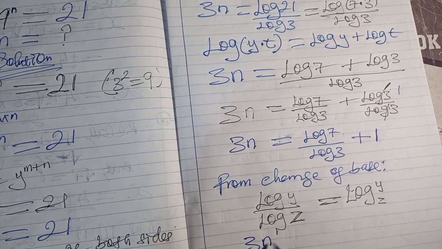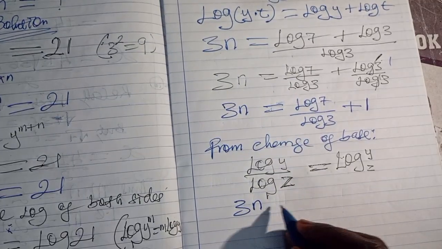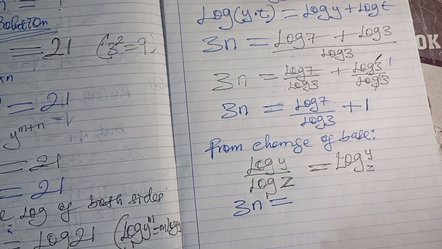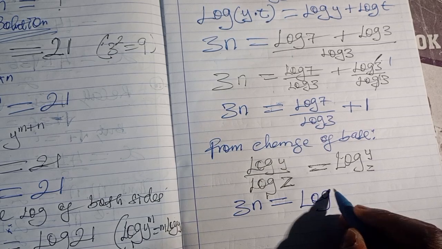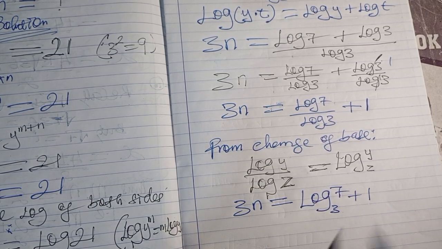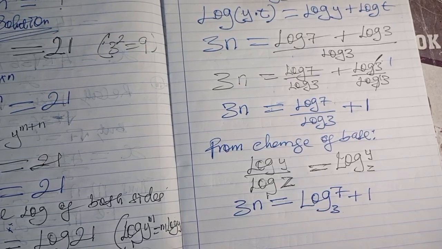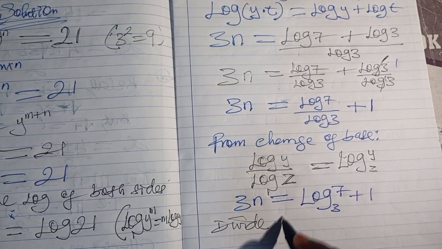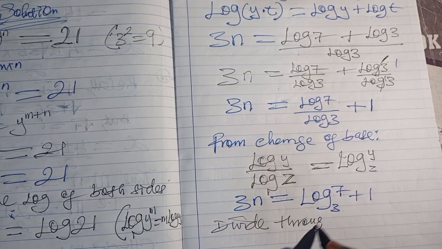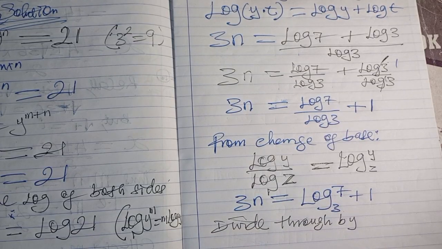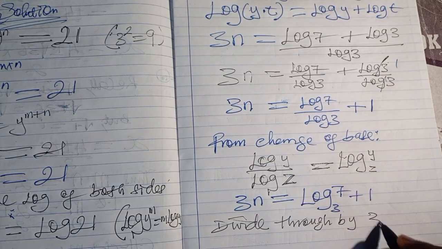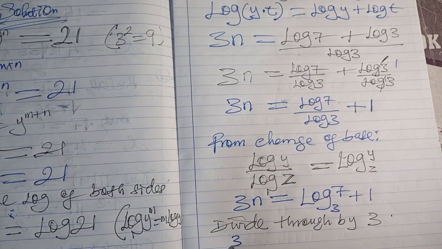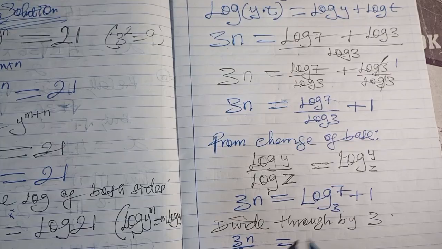Can now have 3n is equal to log 7 base 3 plus 1. Then we want to find the value of n. So we are going to divide through by 3. Good. So I will have here 3n divided by 3 is equals to log 7 base 3 plus 1, all divided by 3.